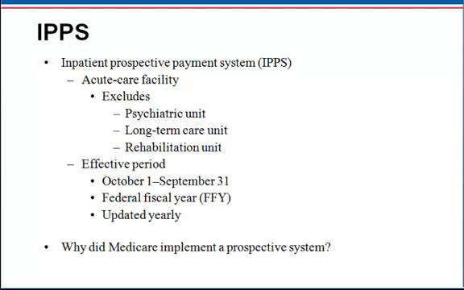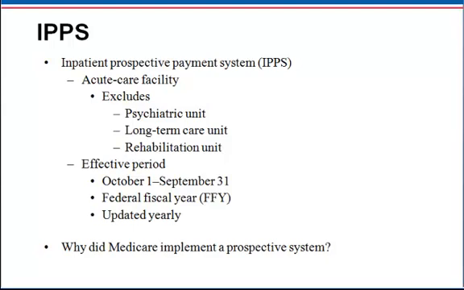So when we talk about why Medicare implemented a prospective payment system, basically legislators were demanding that healthcare costs be controlled. So before the inpatient prospective payment system, it was really a fee-for-service environment.